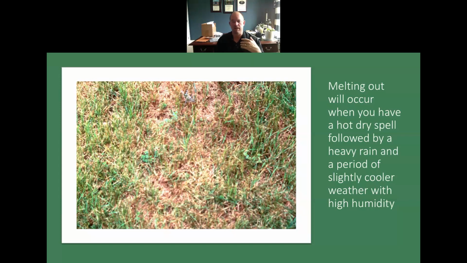But then we had this real heavy rain that came through, and the temperatures moderated a little bit on the backside. So anytime we have that kind of a pattern set up, where we have a hot, dry period, then a heavy rain, followed by some slightly cooler weather with that high humidity present, that's going to be a perfect scenario for leaf spot to go into melting out, especially if we already had it present in that May to June time frame.